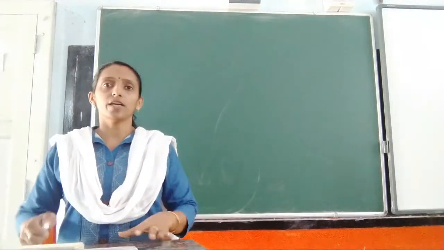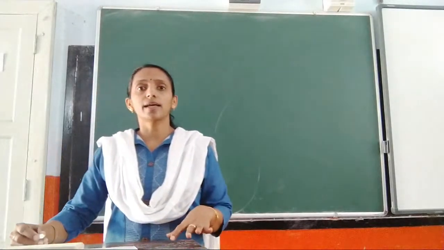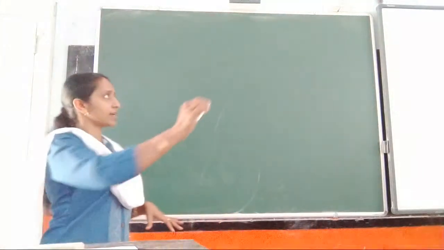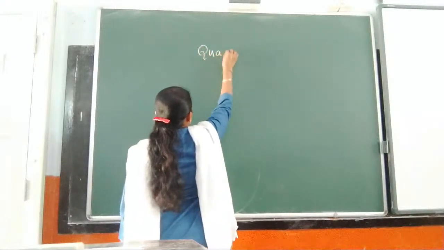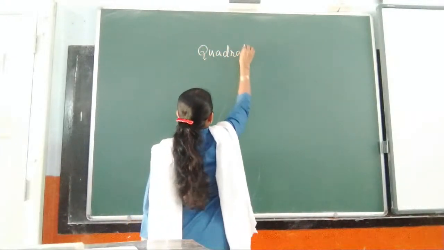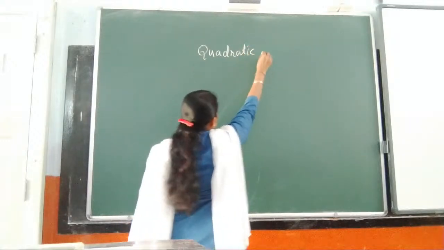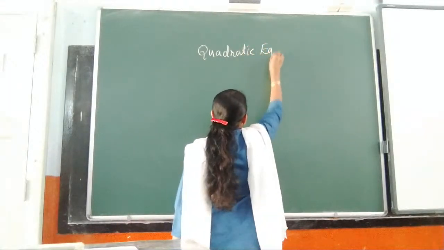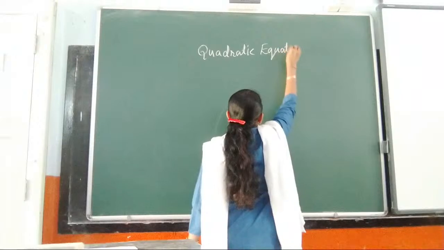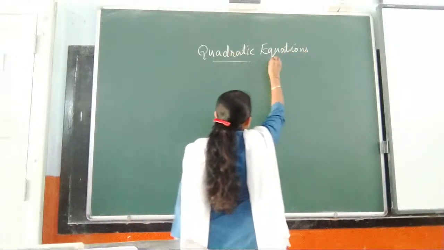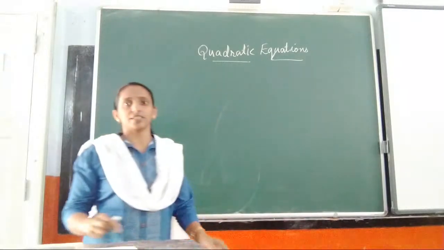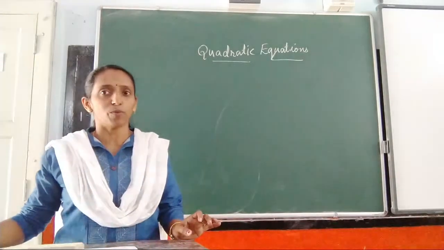And today we are going to start quadratic equations. This is also so familiar to you. Last year we had already seen quadratic equations as well as trinomials and polynomials.